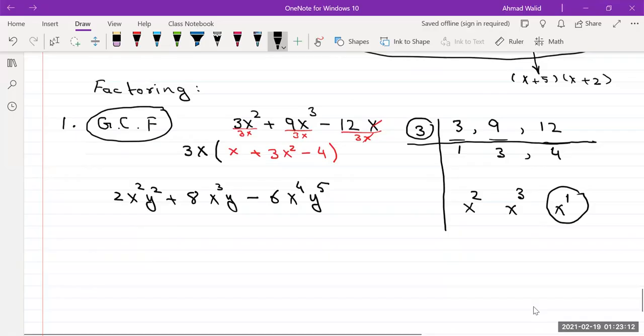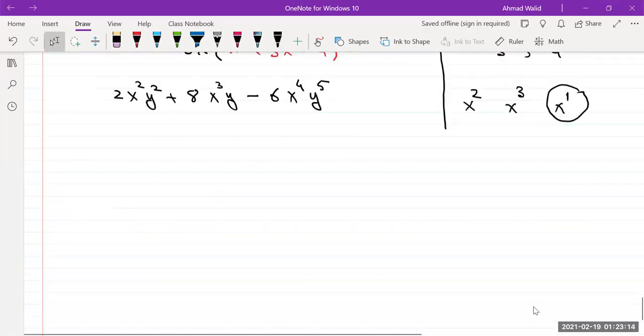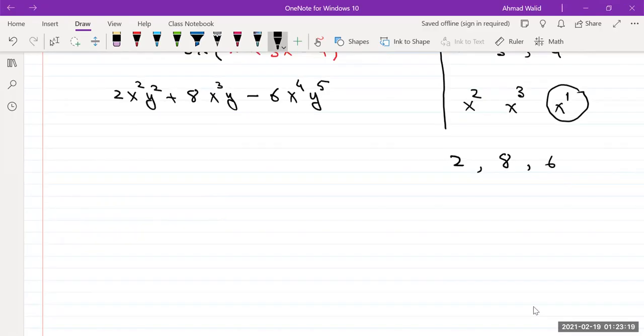Easy way again. First, the GCF between 2, 8, and 6. Definitely, I know it by heart. The GCF is 2. Between x squared, x cubed, and x to the power of 4, the lowest exponent is x squared.